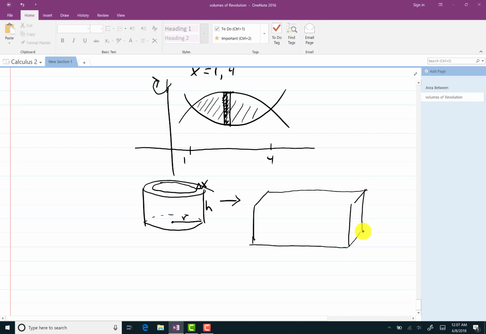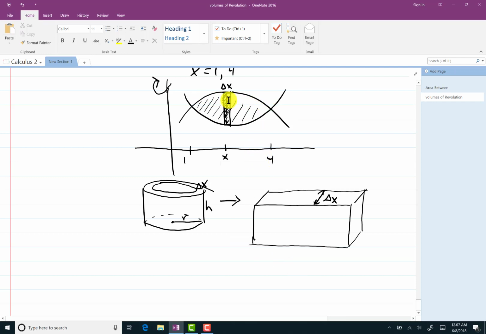All that matters to me is I get the relevant information down here. The thickness of the thing is delta x. That corresponds to this here, delta x. It's always a good idea to center these at x. X is clearly going to move from 1 to 4, so as x moves from left to right, you can see the rectangles increasing in size and then decreasing back down.